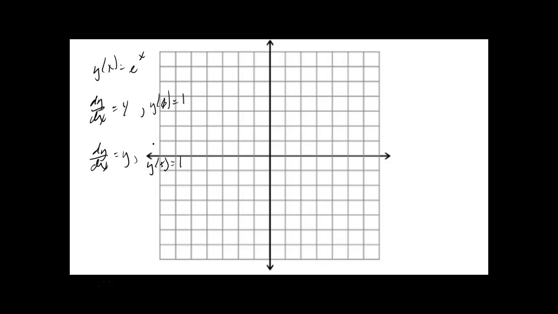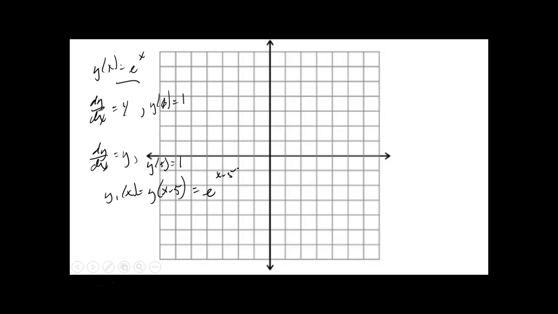So what they're saying is the solution for this one would be similar to this solution, except that you shift it to the right 5 units to get the same value. So y1 of x is equal to y of x minus 5, where you shift it there. So this is equal to e to the x minus 5.